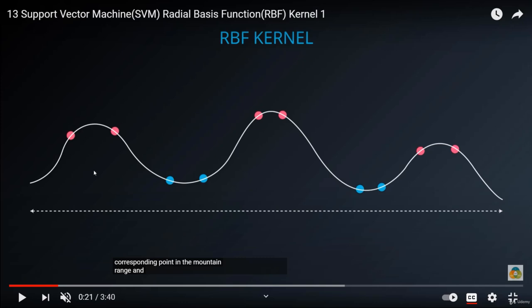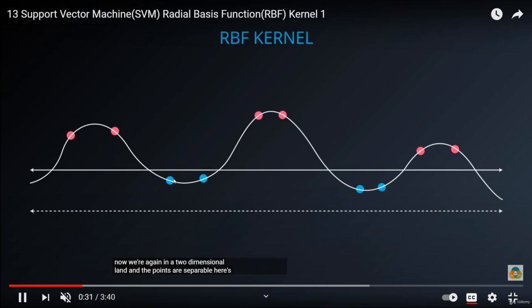We project the data points into this new space, and this new space is computed using a similarity function. As you can see now, the data points are very separable. Here we can just have a linear separator like this, and now we have separated the blue points from the red points, just a line that cuts them, and that's it.